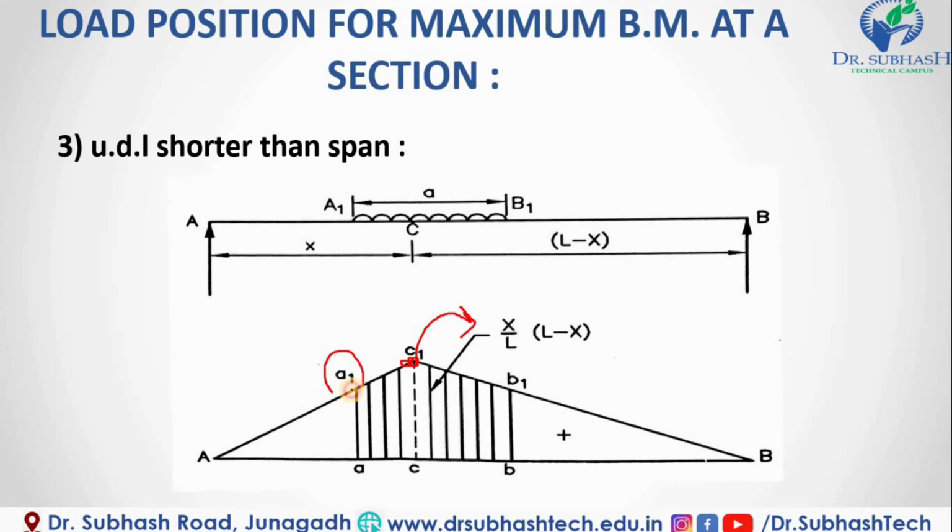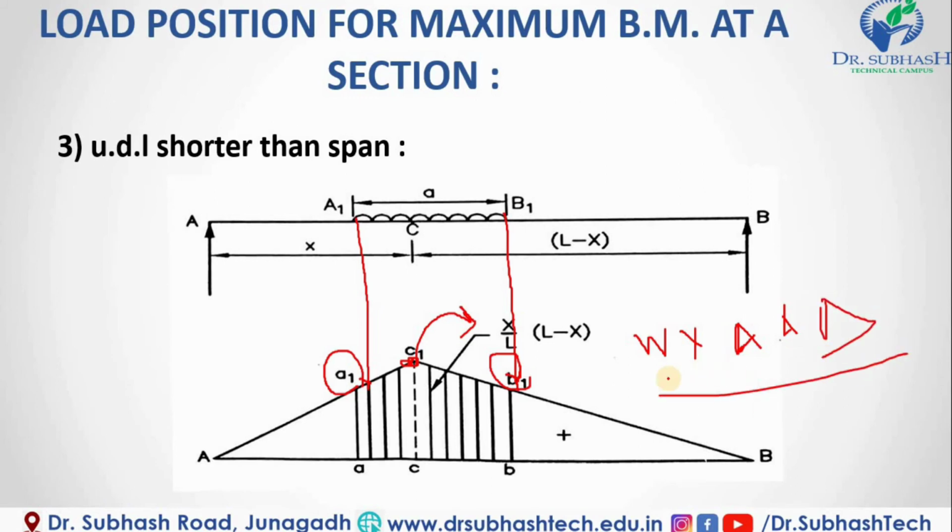We also find A1, which is nothing but the change in bending moment below A1, and next we find B1. So below the capital A1 we name it A1, and below the capital B1 we name it B1. So that much area is effective, because the maximum shear force occurs at a particular point as W multiplied by the area of our shape.